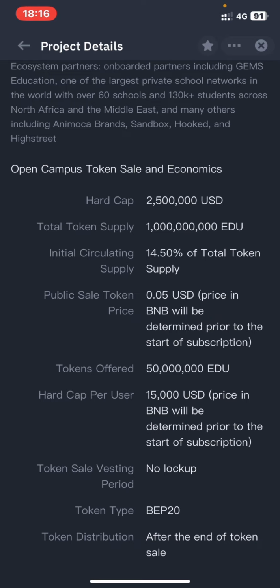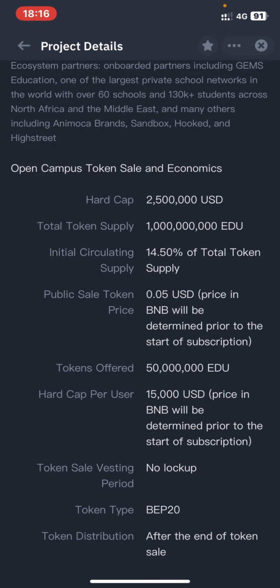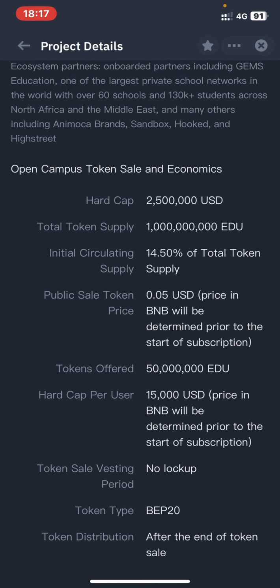Price in BNB will be determined prior to the start of subscription. So over here, tokens offered is 50 million EDU tokens. Cap per person is 15,000 USD. Pricing will be determined prior to the start of subscription.